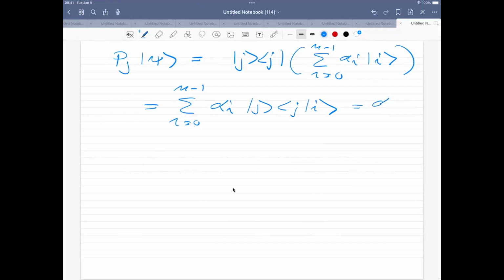So what this is actually doing is projecting out a specific component of that vector psi, which is a linear combination of all the orthonormal basis states.